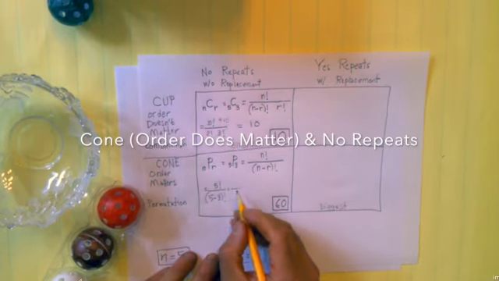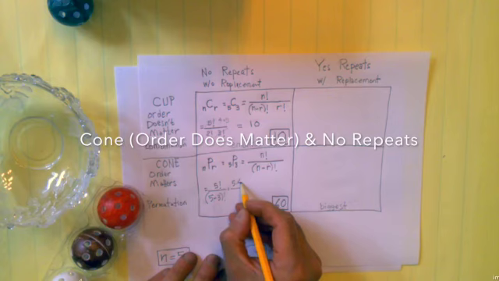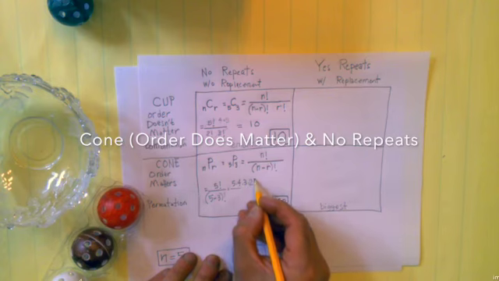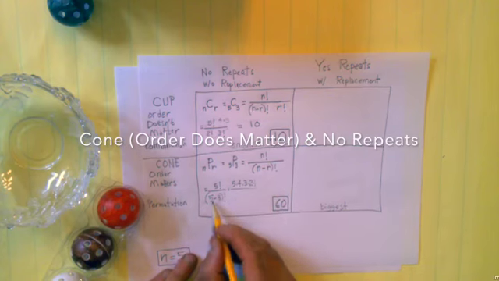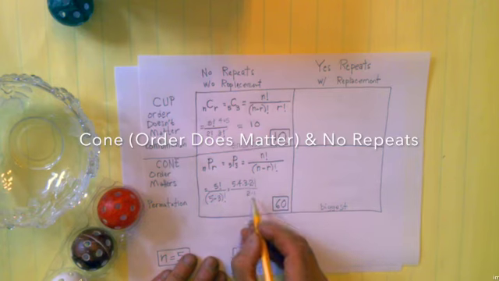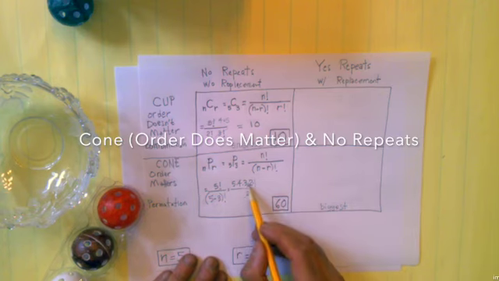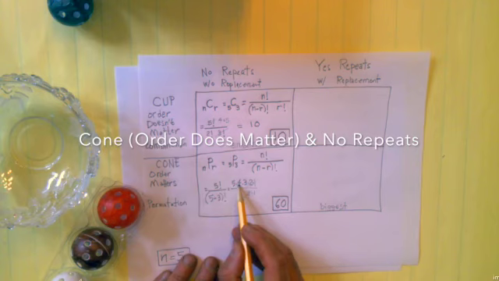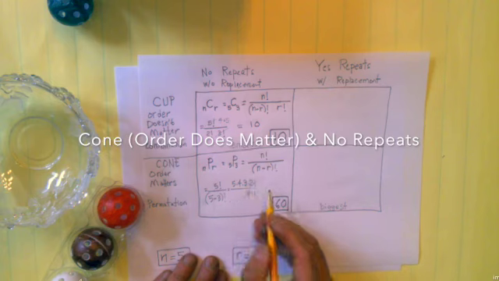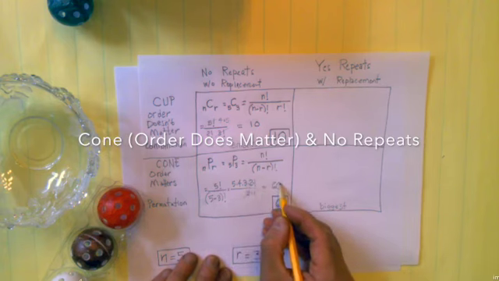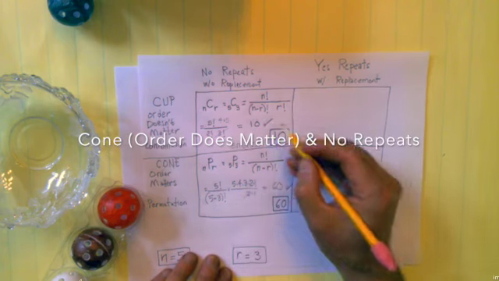This is really just 5 times 4 times 3 times 2 times 1 divided by 2 times 1. The 1 and the 2 cancel, so 5 times 4 times 3. 5 times 4 is 20, 20 times 3, and that's where 60 comes from. See that? That's where 60 comes from.